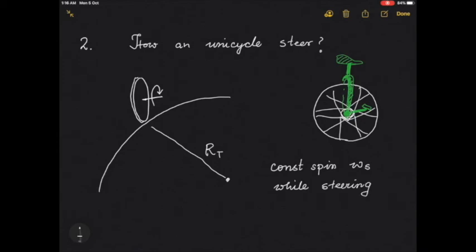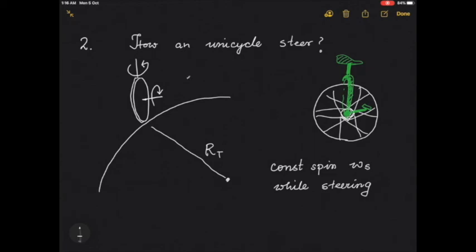It had better be, even for a cycle: if you try to change the spin while you are on the arc, it will be really tough to maintain the balance. I said it is being steered, which means you see that the direction of motion of this wheel will change, which essentially means that there will be a rotation along that axis.